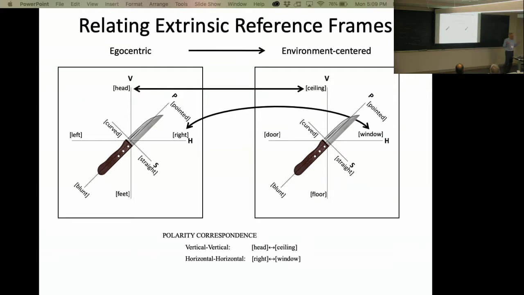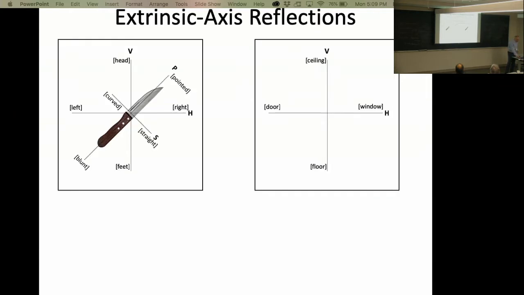And so, presumably our brains are doing these things all the time when we're transforming from one reference frame to another. However, something could go wrong in those mappings, and we could end up getting reflections of objects across extrinsic axes.